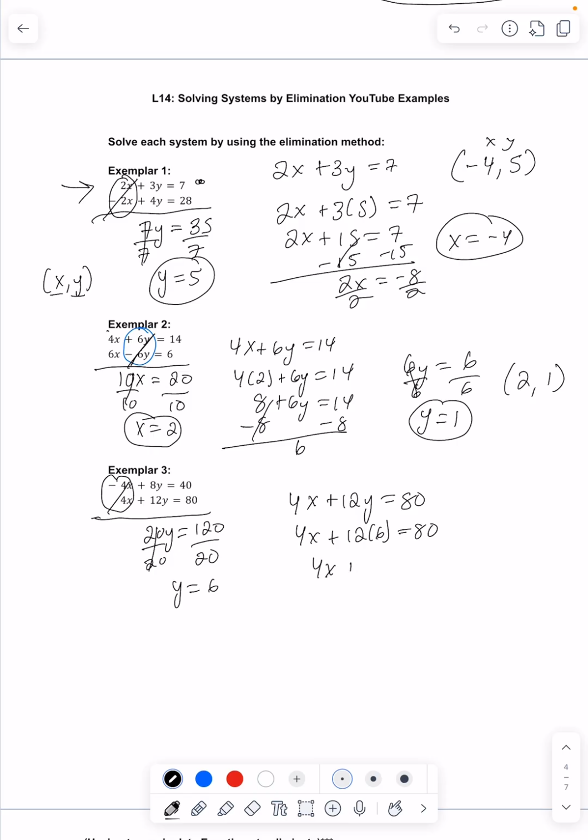So the 12 and the 6 will give us 72, so 4x plus 72 is equal to 80. Subtract 72 from both sides. We get 4x is equal to 8 in this case, right? So 4 divided by 4, and x should be equal to 2. So your solution is at 2, 6.